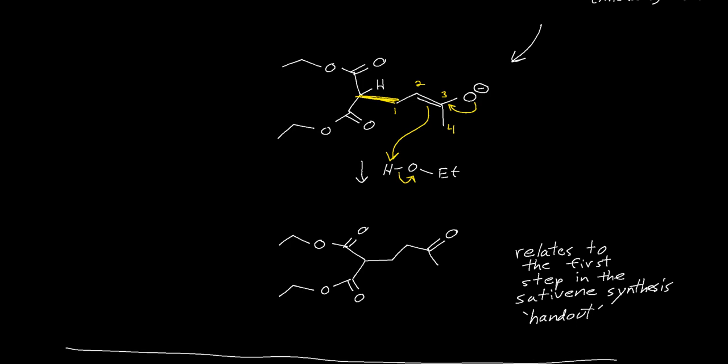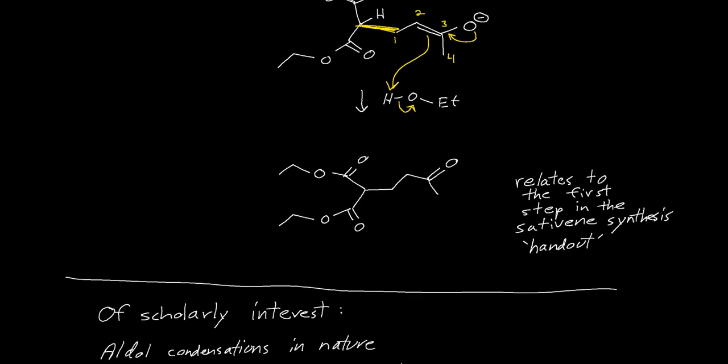Bond forming, bond breaking. And that gets you to this final product, which of course is set up for much more chemistry of interest, either doing chemistry on a ketone, which is different from esters here, or on either ester group.